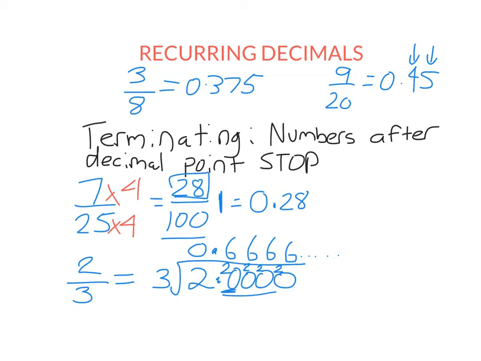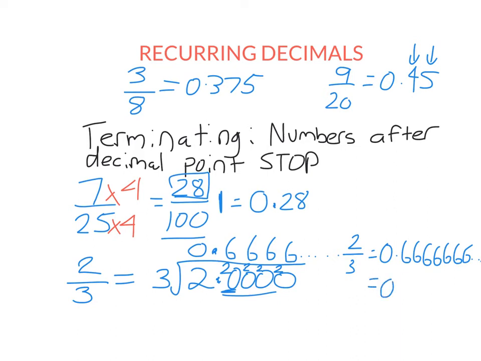So that means that 2 over 3, if I write that as a decimal, the numbers after the decimal point do not stop. They go on forever. So 2 over 3 is equal to 0.66666. The sixes keep going. Now, because we can't just keep writing sixes all day, that'd be really boring, we can write it a simpler way.